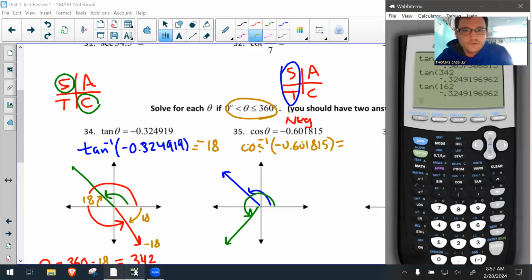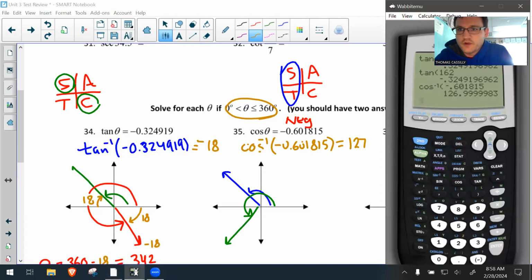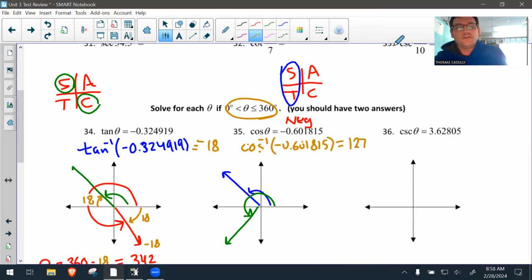No clue, so let's consult the calculator. 127. Let's make sure we're rounding correctly this time. I'm doubting myself, so let me double check. All right, 127. So this angle measure right here is 127 degrees.